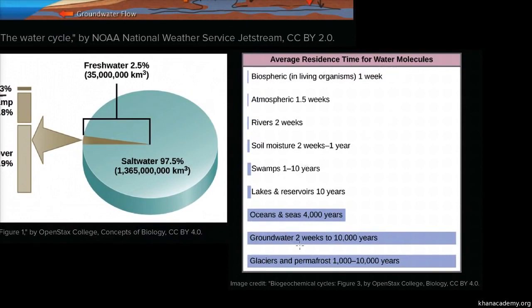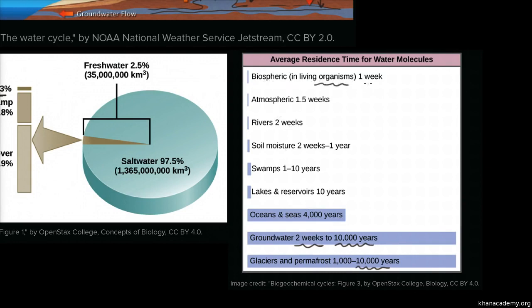And you can see here that water can stay in glaciers and permafrost for a very long time. We're talking it could be up to 10,000 years, and these are all rough numbers. It could stay as groundwater anywhere from 2 weeks to 10,000 years, I guess, depending on how isolated that groundwater is. It could be in the oceans and seas as salt water for 4,000 years. And we can look at all of these all the way to within living organisms.